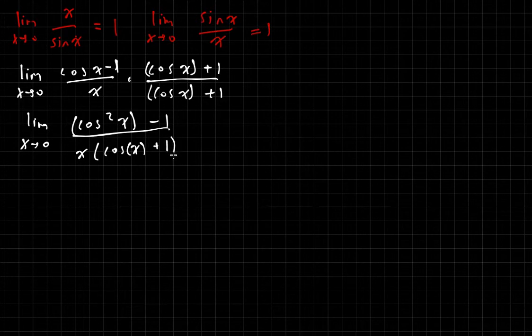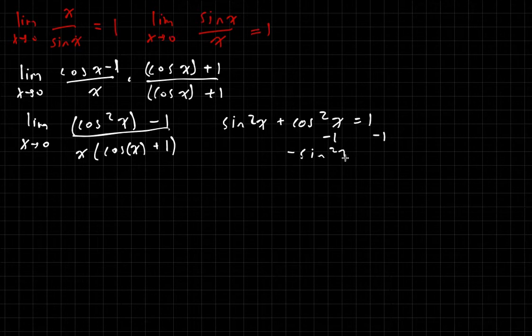And remember that there is a fundamental trig identity: sine squared x plus cosine squared x equals 1. So if I subtract 1 from both sides, and then I subtract sine squared x from both sides, what happens?